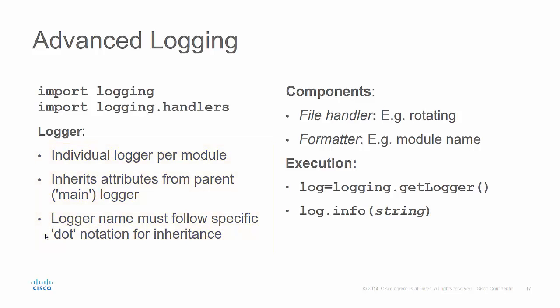The things that we will provide for our logger will be a file handler. There are multiple types of file handler, including rotating file handler, that will cause the file to rotate through a sequence of file names so that you don't have only one log file. You can also specify more rich formatting using a formatter.